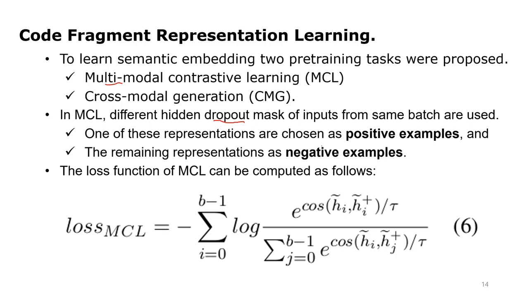Those representations which have the same or close distance to the original hidden representations are considered positive examples, whereas the remaining representations are considered negative examples. The loss function is computed using a contrastive loss in this way.